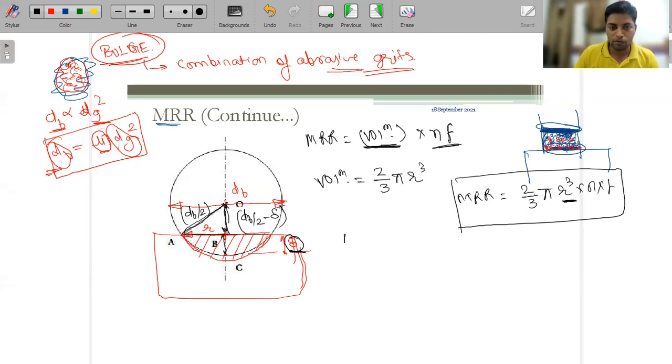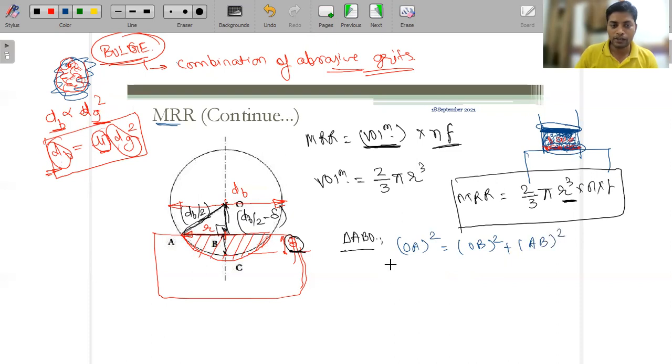So from triangle ABO, this is 90 degrees, so just use the Pythagoras rule: hypotenuse square equals perpendicular square plus base square. So hypotenuse square means OA square equals OB square plus AB square.